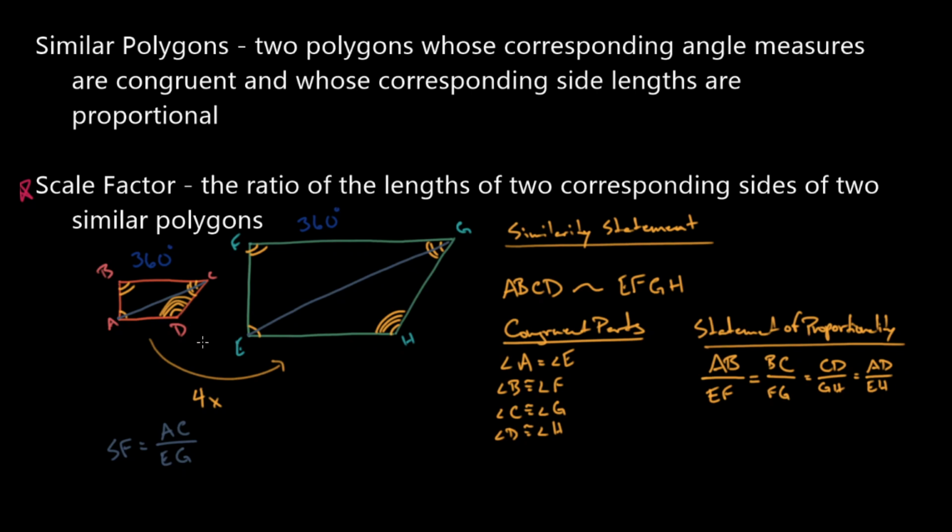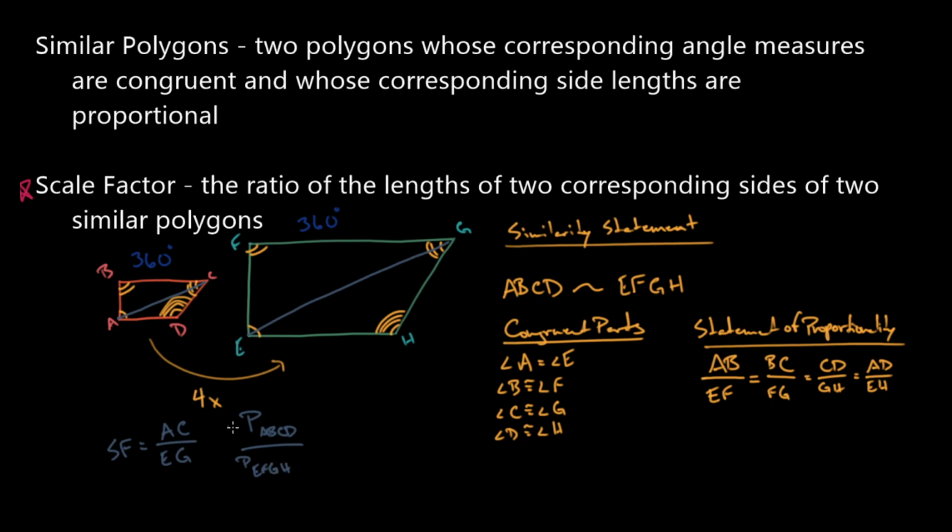And on top of that, what is also a linear measurement is the perimeter. So the perimeter of ABCD over the perimeter of EFGH will be the same.